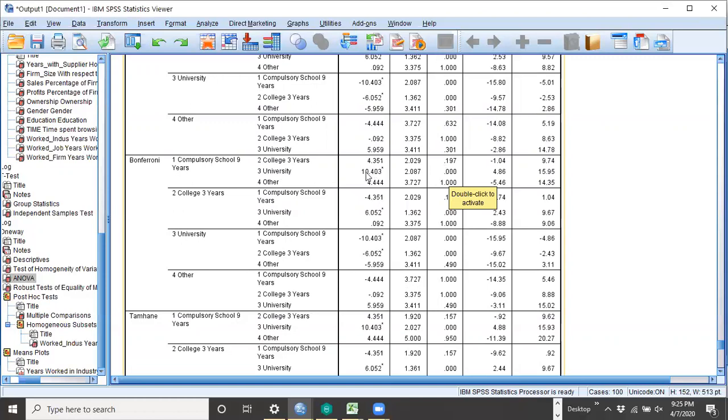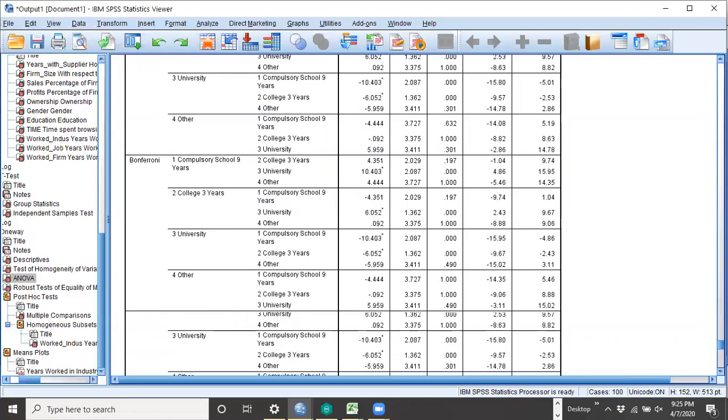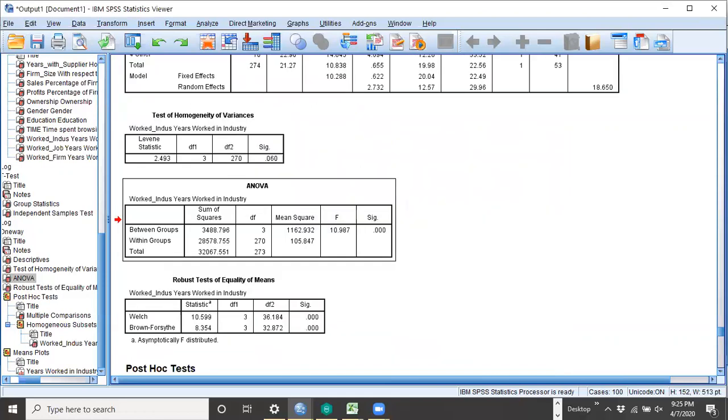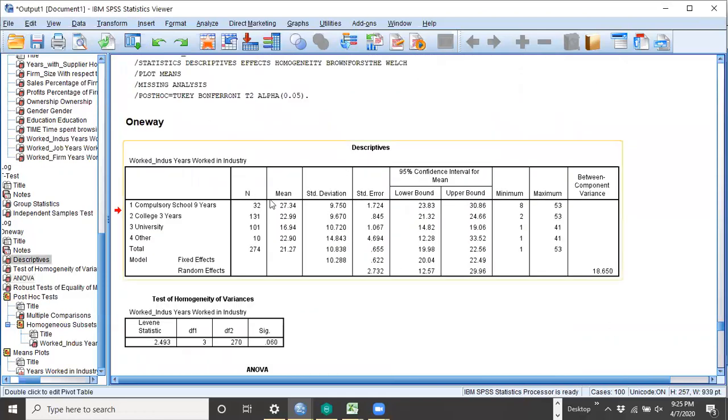What's the difference? 10 years. And you can go back and see, okay, 10 years, which direction? So you can see that compulsory school have worked on average 27 years, whereas university on average 17. So there's that 10 years difference.